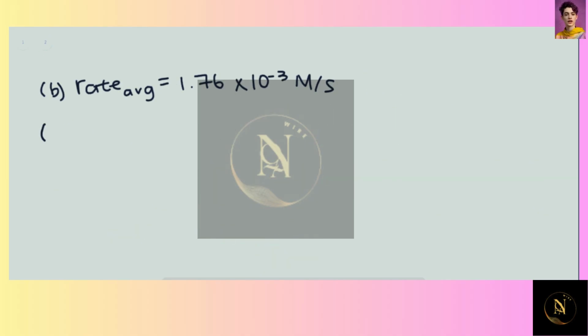Okay, so for part C, if the reaction is taking place in a volume of 1.5 liters, what would the amount of Br2 in moles be during the first 15 seconds of the reaction? So right now, this is the rate of the reaction for HBr.